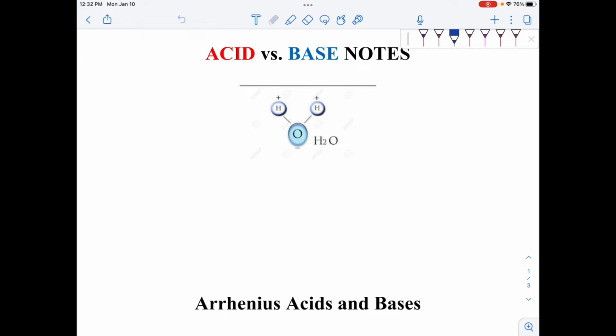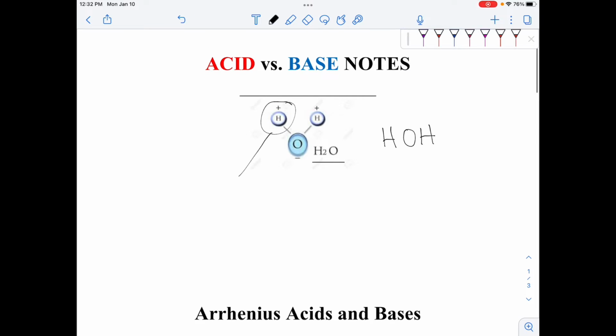Today we're going to talk about acids versus bases. If we look here at water, water's formula is H2O, or if we rewrite it as HOH, and if we were to split this molecule up, you would see that there's hydrogen and hydroxide ions.